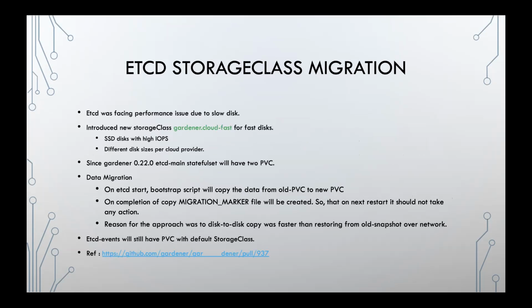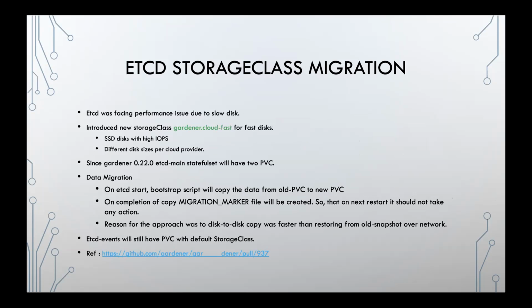Okay, these were updates on etcd or etcd backup restore regarding the functionality. Then, now the next topic was regarding the storage class migration. We know etcd performance is highly related to disk IOPS.